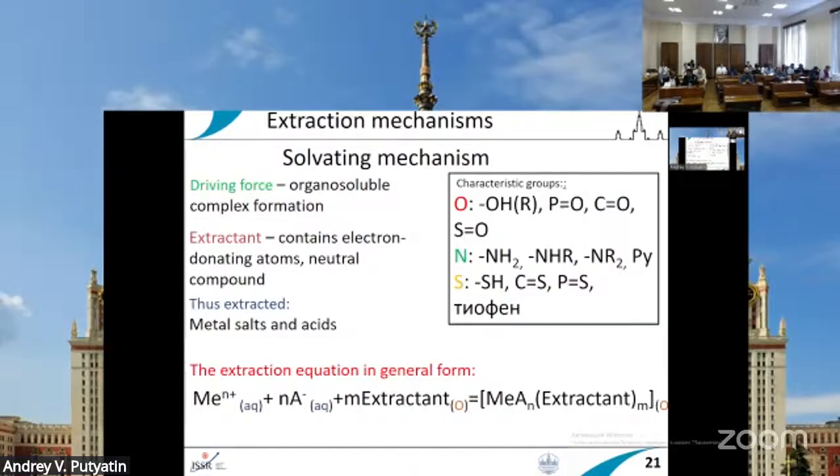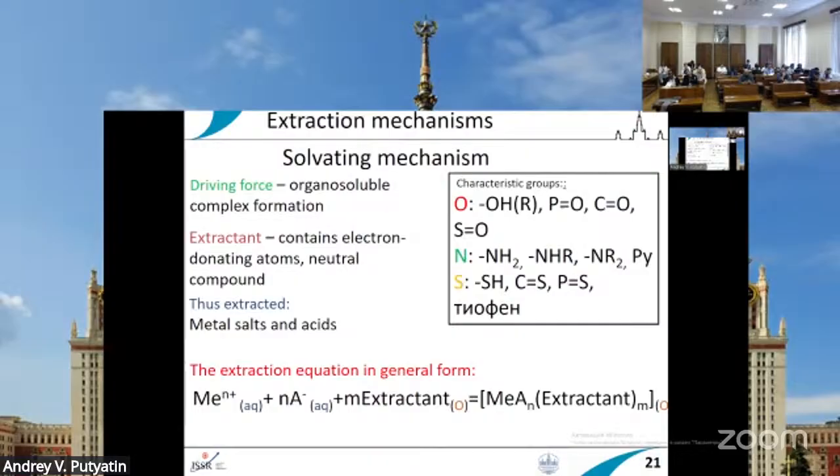And in the case of the solvating mechanism, all of these groups are neutral, so it's not charged, it's just a neutral molecule. By this mechanism, we can extract metal salts, and it's also very important. Also, different acids can be extracted by such kind of extractant. And here we can write down the extraction equation in a very general form.